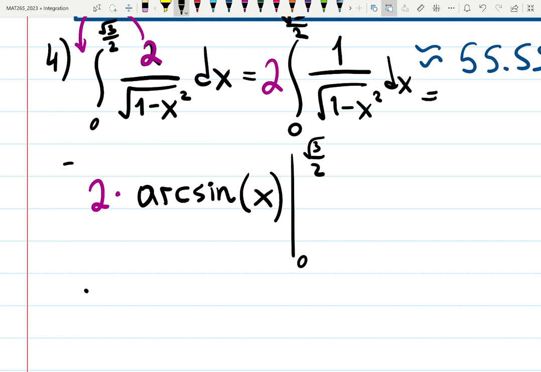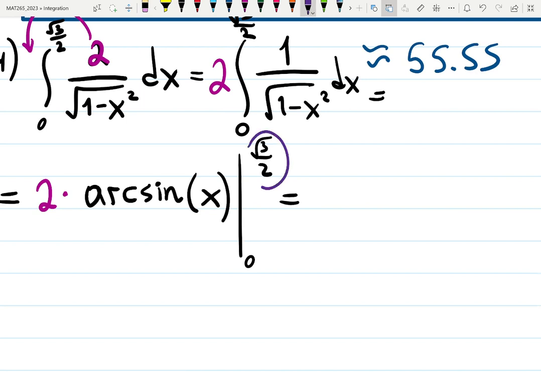Arc sine takes a number in and spits out an angle. Unlike sine, which takes in a number, radians or degrees, and spits out the distance. Arc sine spits out the degrees, basically. That's the idea. So you plug in the top and then minus plug in the bottom.